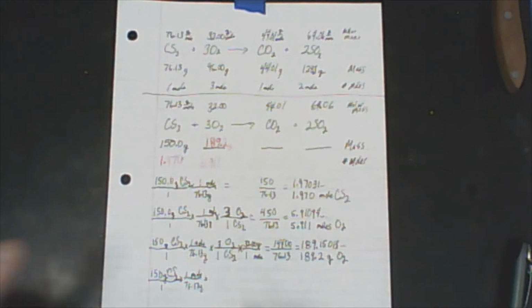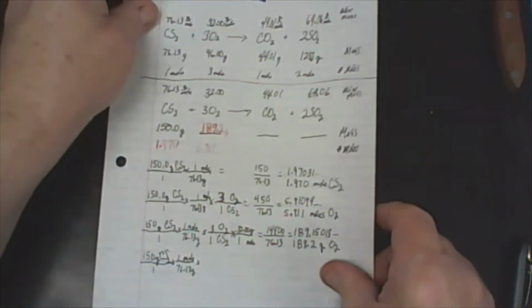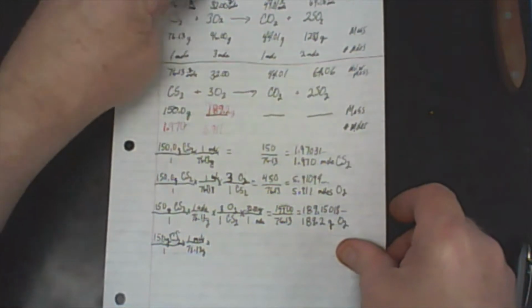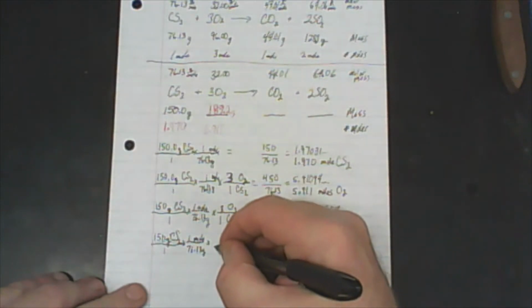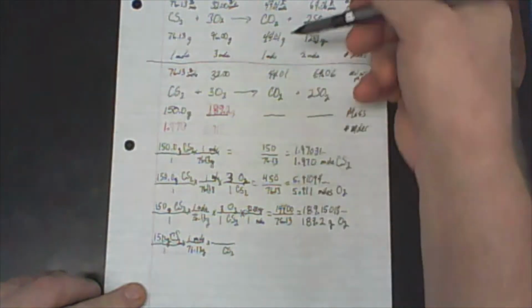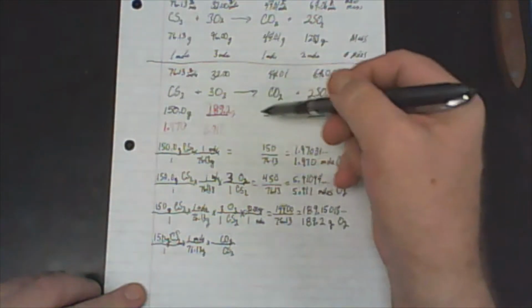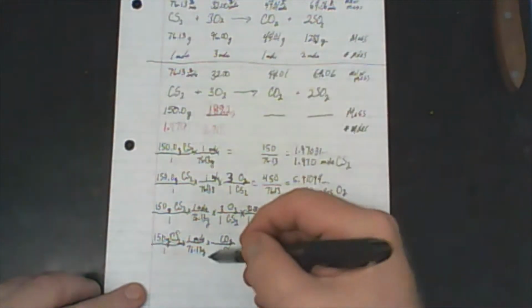In fact, since I should be starting here every single time, I should end up with those same two terms at the start of every single calculation, because I'm trying to do the same step every time, convert to moles. So my next step is I want CS2 on the bottom to get rid of it. This time I'm going to CO2, so the CO2 will go on top. And my coefficients are 1 and 1.